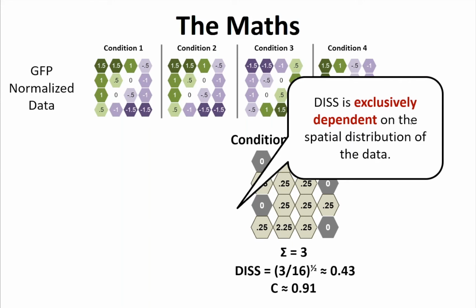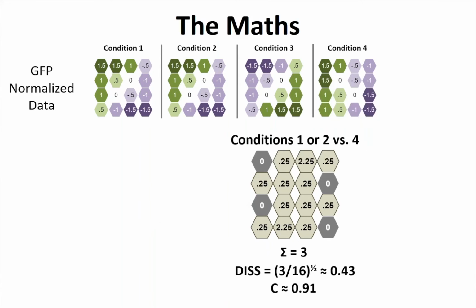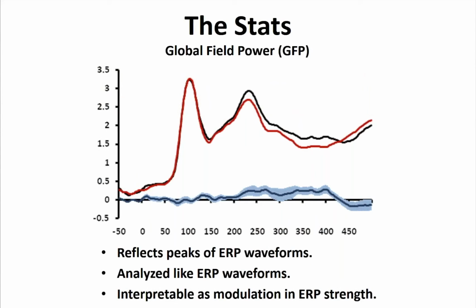Okay. All right. So again, dissimilarity is exclusively telling you if I have a change in the topography, independent of the strength. And that can be useful because you want to look at these two measurements independently of one another. To look at the statistics on global field power is straightforward. It's like any other waveform. So if you're used to analyzing voltage waveforms, you can look at global field power, which is indeed a voltage measurement.